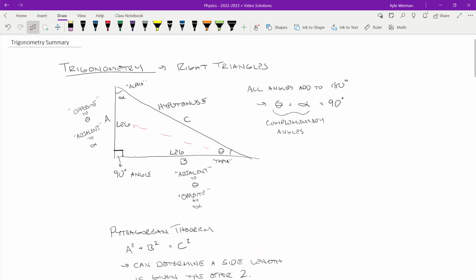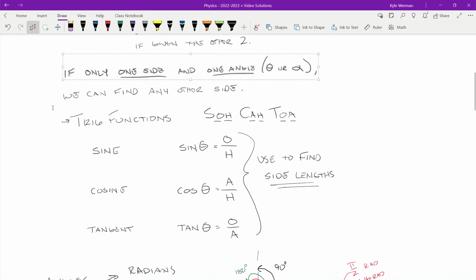So let's look at these functions right here. These are the basic trig functions: sine, cosine, and tangent. And you're going to remember a mnemonic, a way to remember these three equations for these trig functions. SOHCAHTOA. So you're going to hear SOHCAHTOA.